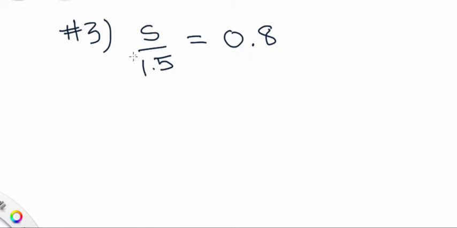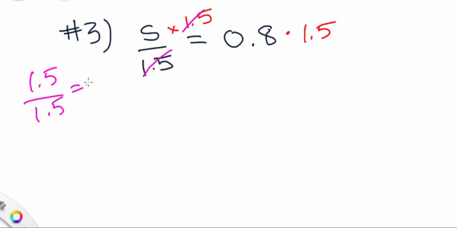And we'll say, okay, we're going to multiply both sides by 1.5. Okay, so when we do that, we can say that this cancels because 1.5 divided by 1.5 is just equal to 1.